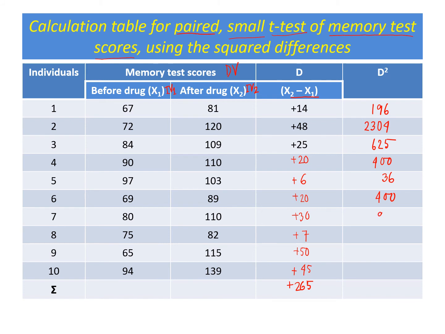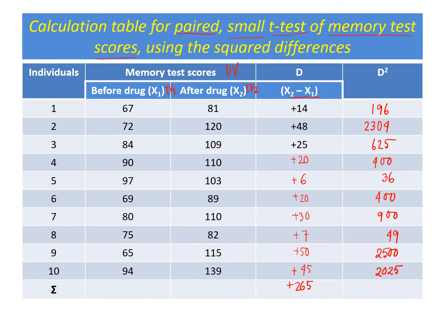Then we have 900. Then 49. Now 2500. And finally, when we square 45, it will be 2025.